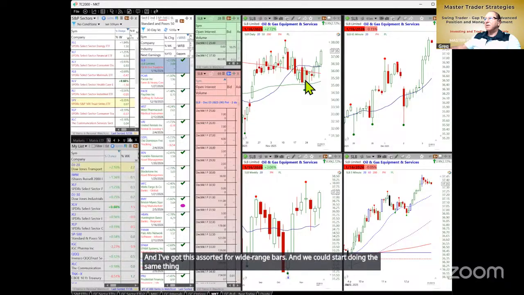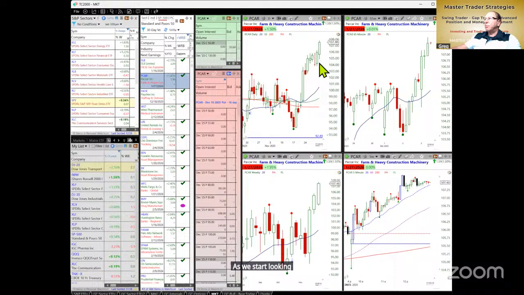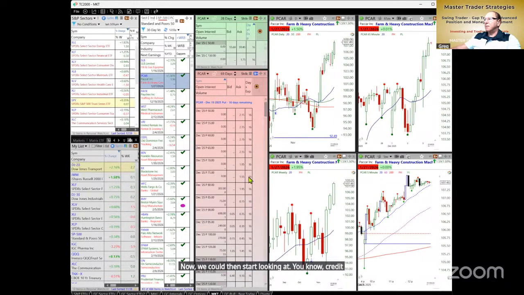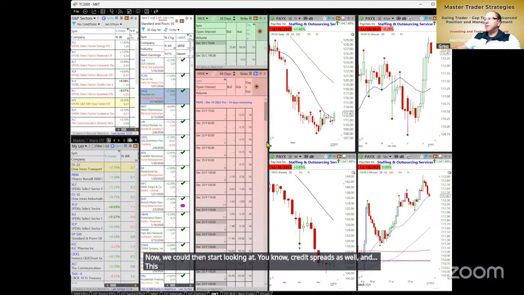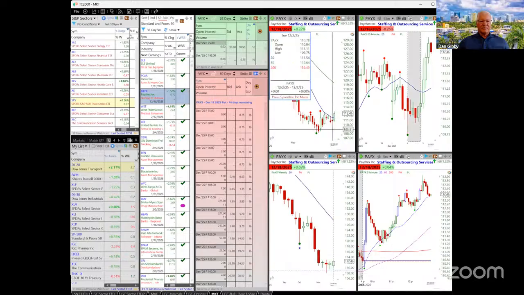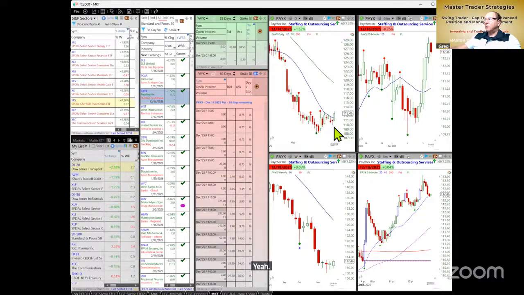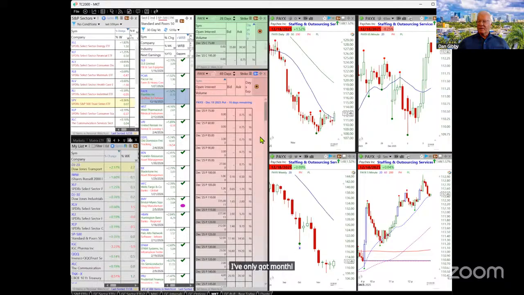These are not going to have zero DTE, but as we start looking for different instruments like this, we could then start looking at credit spreads as well. And this has only got monthlies, but you get where I'm going. Here's a bottoming one. Staffing, 108, $110. It's only got monthlies. Yeah, we looked earlier.